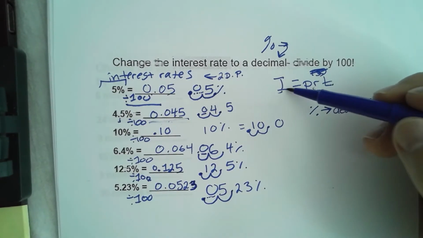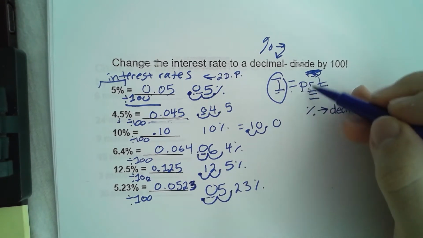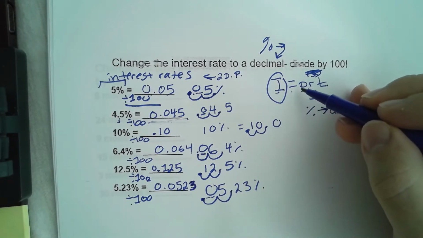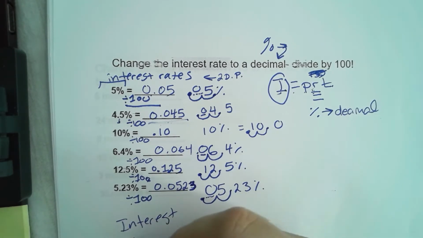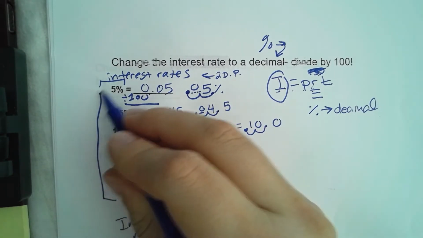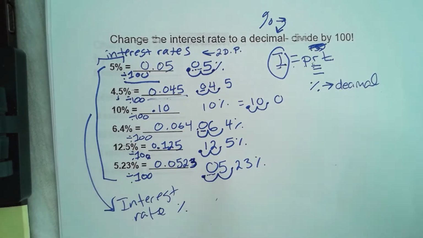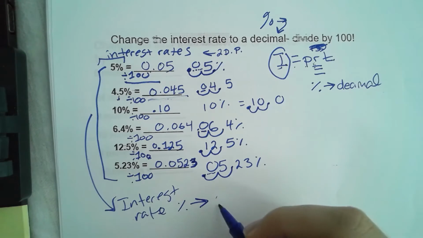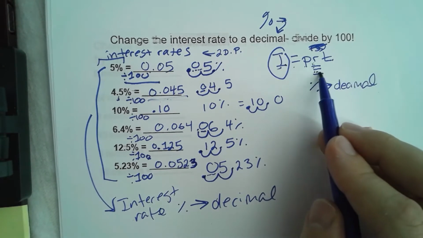So when we calculate simple interest, we need how much money we borrow or invest times the interest rate. These are all interest rates, and they express this as a percent. But you need to change this percent to a decimal before you plug it in.